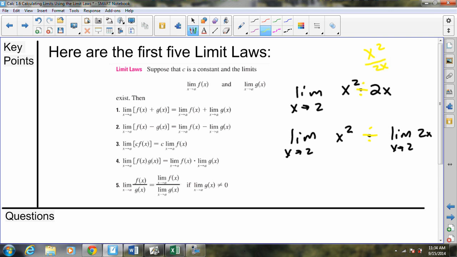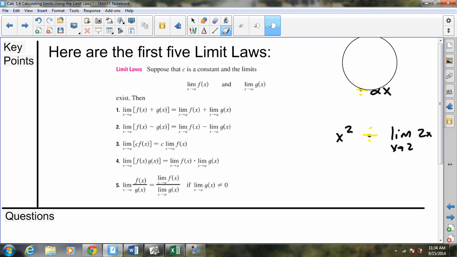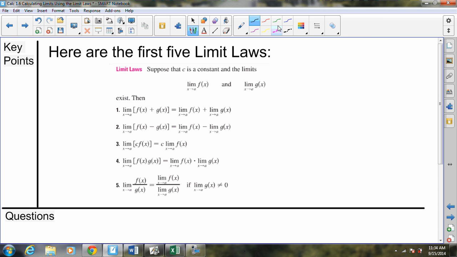Same piece where limit law 3 is saying, if you had the limit as x approaches 4 of 3x, you could actually take the constant 3, pull it outside the limit, and do it that way.